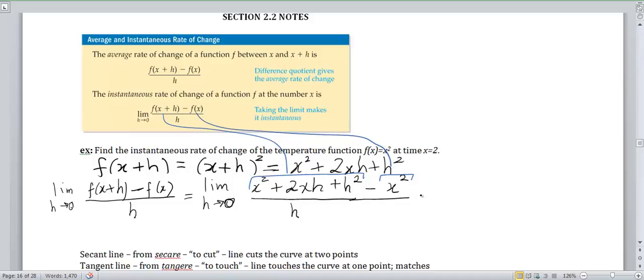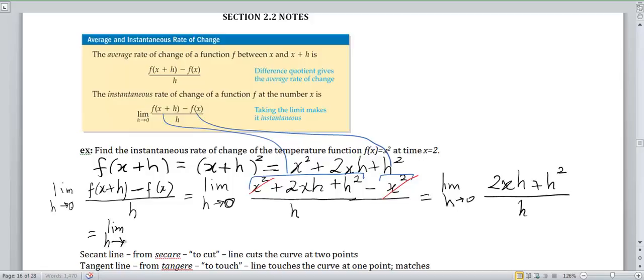And then we want to do equals the limit, and carry that limit over until you actually take the limit. Limit as h goes to 0 of x squared minus x squared are gone, so you're left with 2xh plus h squared divided by h.